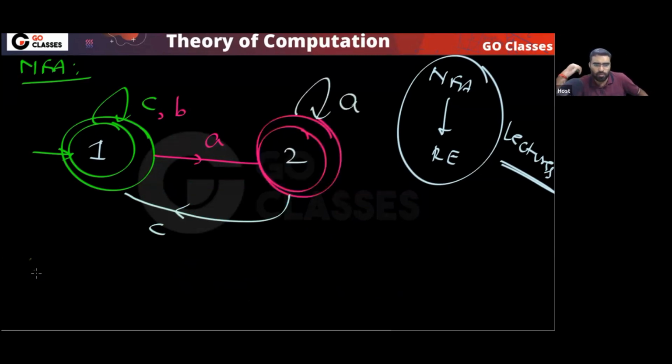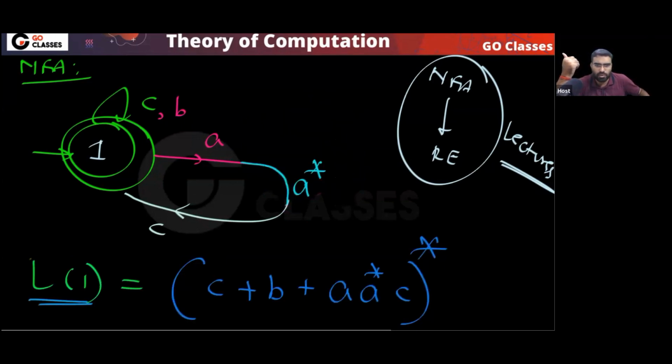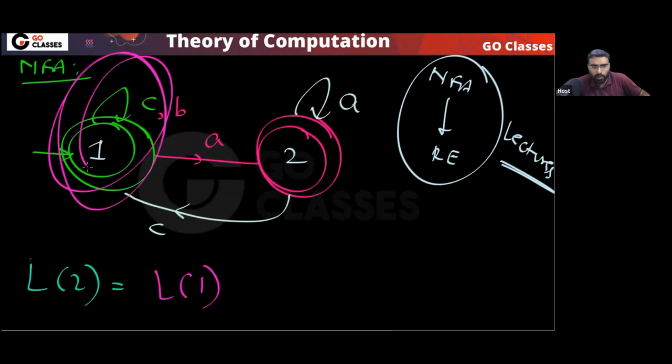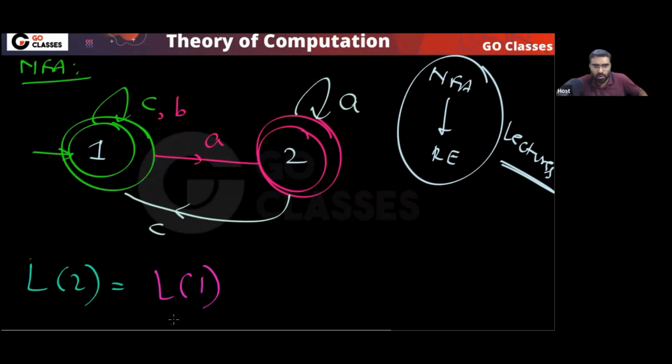Now, what is L2? You got the L1, now you can find out the L2. I can say L2 will be all the possibilities of L1. This L1 is covering all the possibilities of going to state 1.